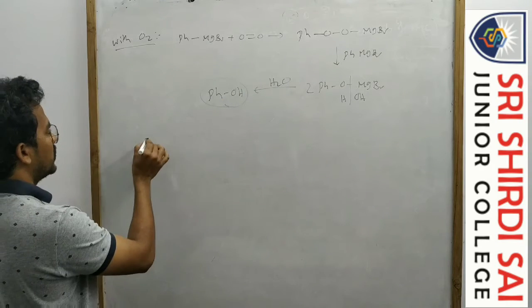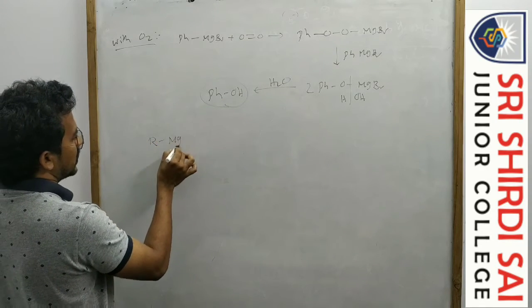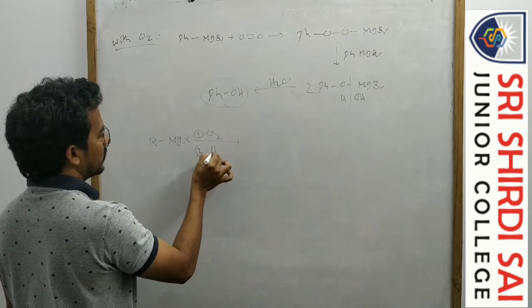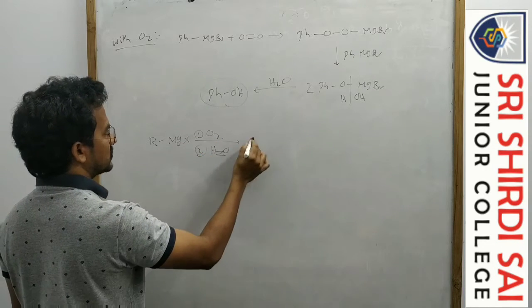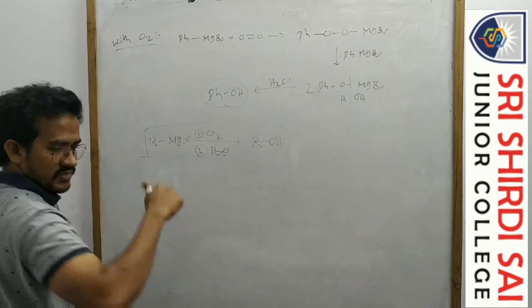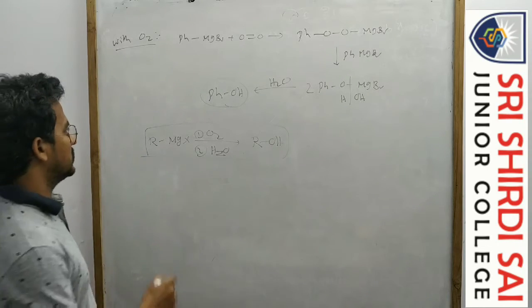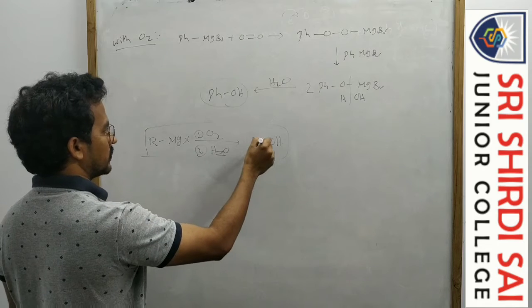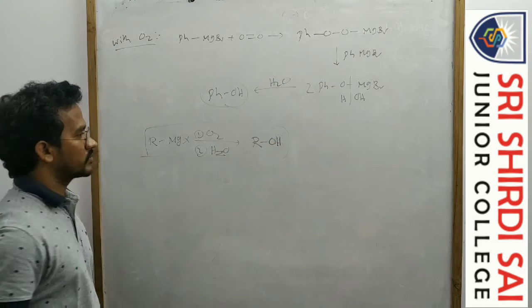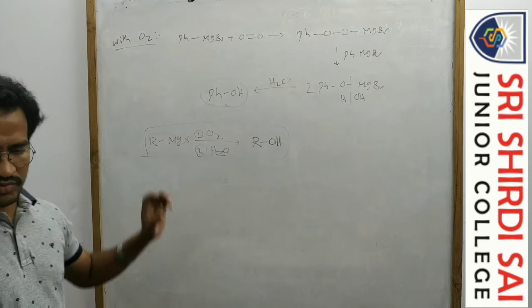Okay, so simply we can write like this: RMgX on reaction with O2 followed by hydrolysis. What is the product here? ROH is the product.